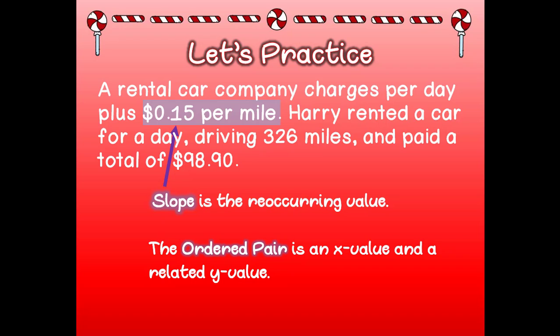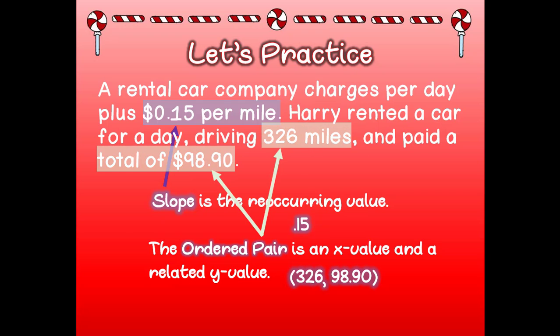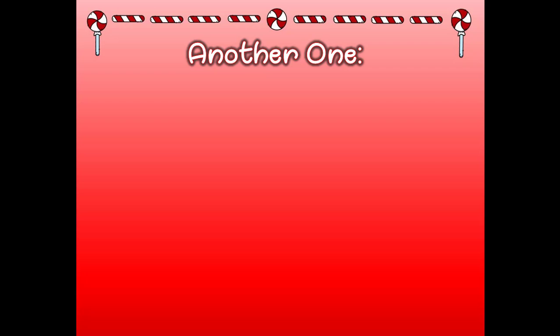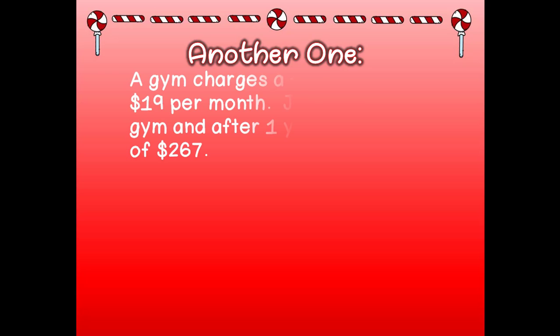So 15 cents per mile would be your slope. Now, the other thing I see here is that by driving 326 miles, it cost Harry $98.90. So that's an ordered pair. In a few minutes, I'm going to take these values and write the equation. But for right now, I want to continue just being able to identify the slope and the ordered pair.